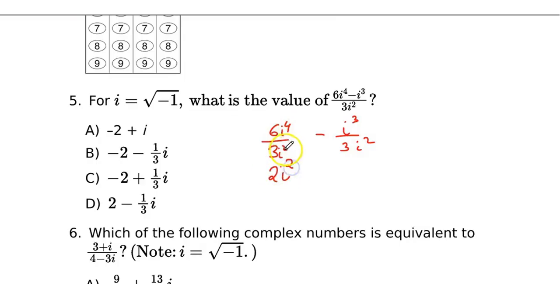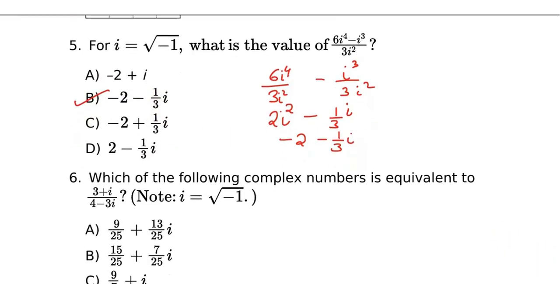So we'll get 2i squared minus 1 by 3, here we'll get i cubed minus 2. So i. Now 2i squared will be equal to minus 2. Minus 1 by 3i. This is the answer. Negative 2, negative 1 by 3i. Now next question.